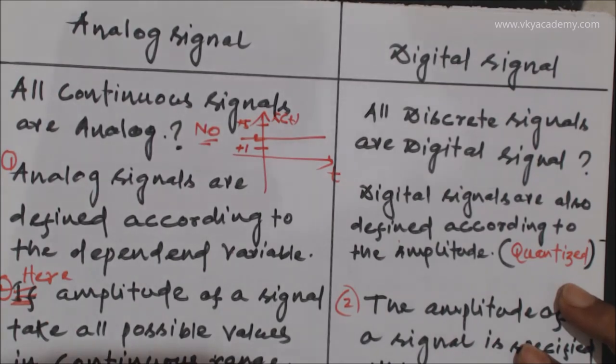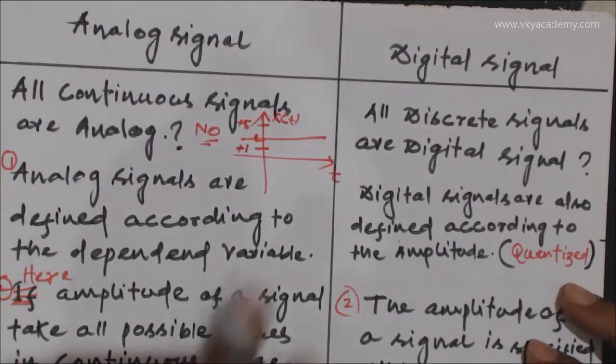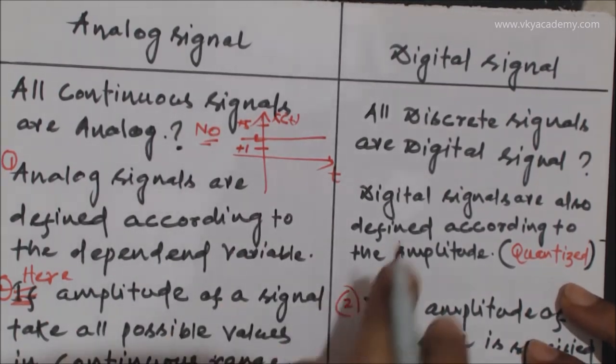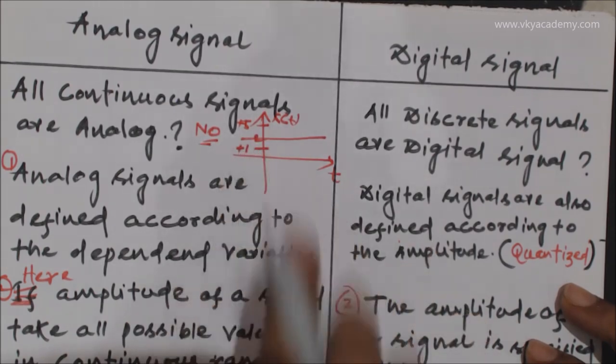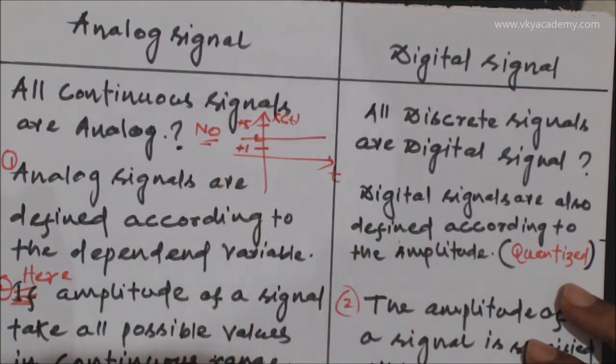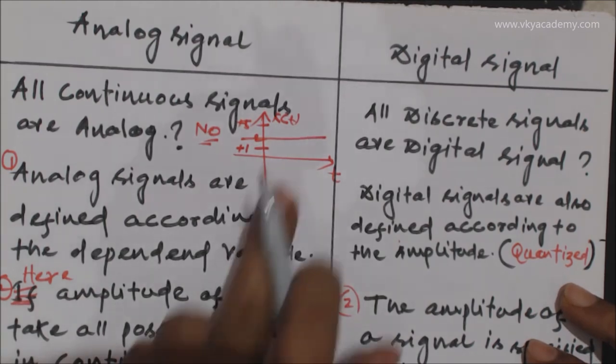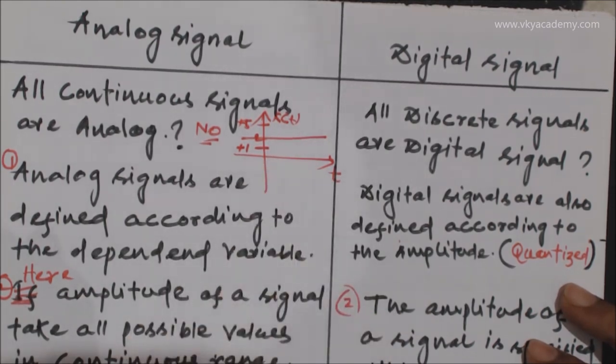So it is not taking all the values on the amplitude axis. Such types of signals are continuous signals, but this signal cannot be called an analog signal because it is not taking all the values on the amplitude axis. So this is a continuous time signal but not an analog signal.